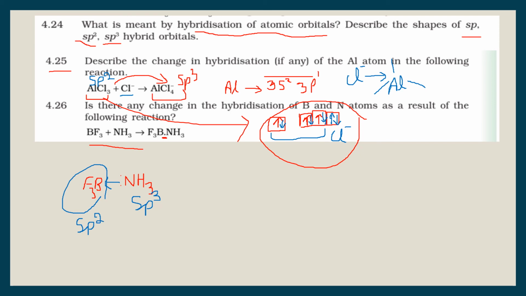And after it gets a pair of electrons from nitrogen for sharing, it changes to sp3, exactly like I have explained for AlCl3. There is no change for ammonia in the hybridization, but the hybridization of BF3 has changed from sp2 to sp3.